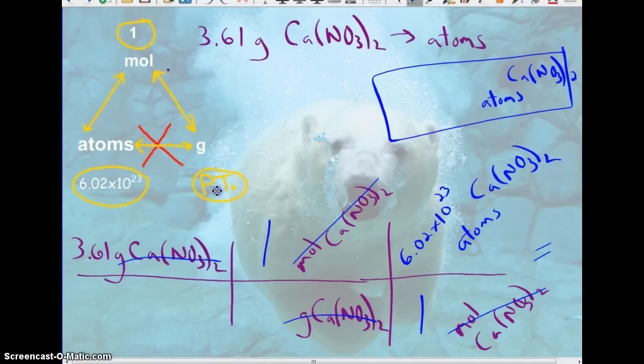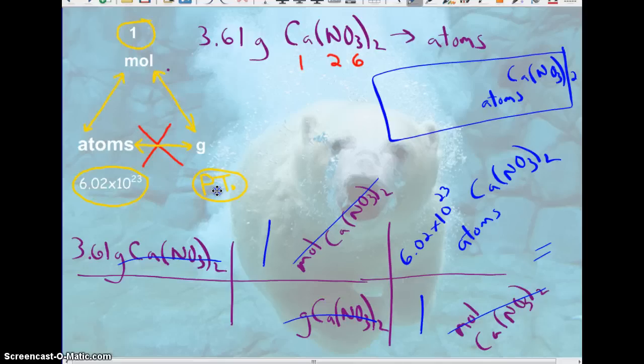One hint would be to write down how many there are for each thing underneath. Calcium, there's 1. Nitrogen, there's 2. And oxygen, there's 6. You can do that in your head. Some people, it might be helpful for you to write that down. So I'm going to type in calcium's mass, which is 40.08. Do it with me on your calculator.